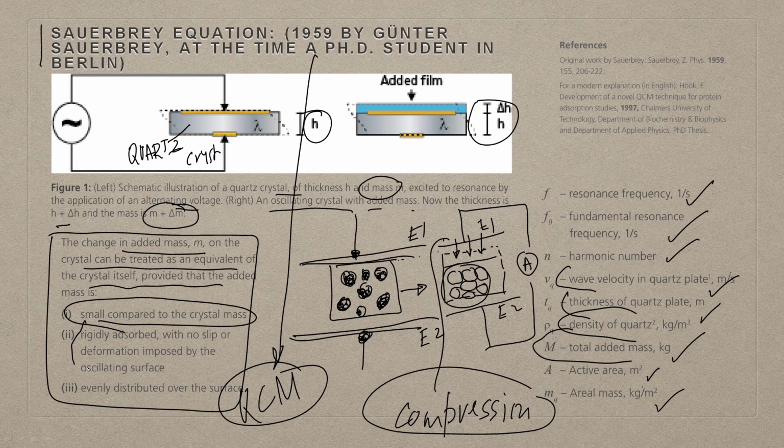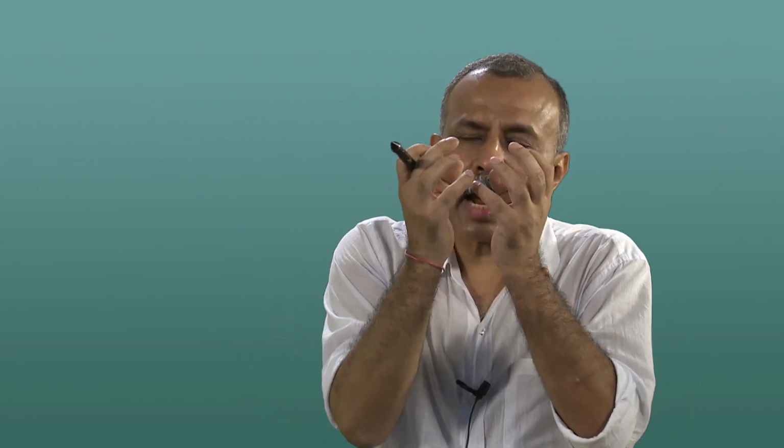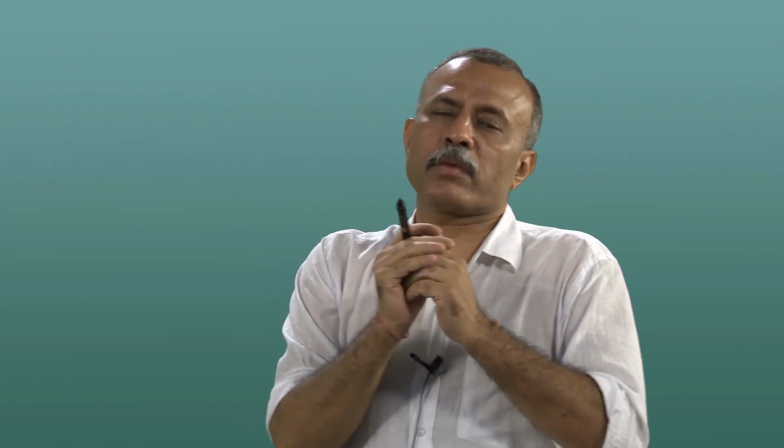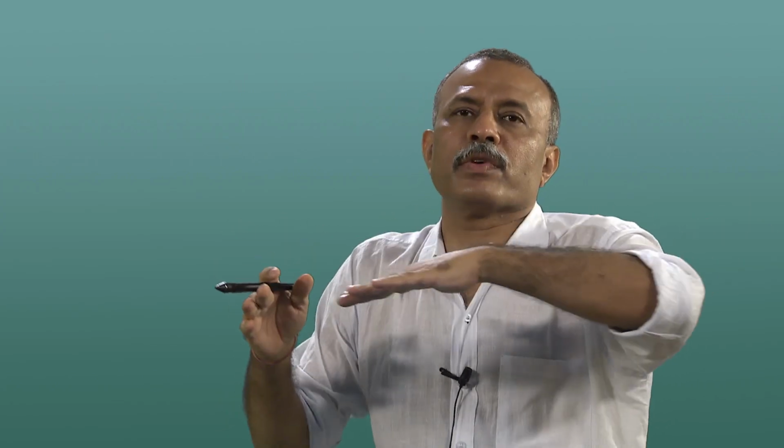Second, rigidly adsorbed with no slip or deformation imposed by the oscillating surface. That means when something is getting there, it should rigidly adsorb on the surface. It should get entrapped into the surface. If it is behaving like a viscoelastic material, or if it is slipping out of the surface, rolling on the surface, it is not going to work.